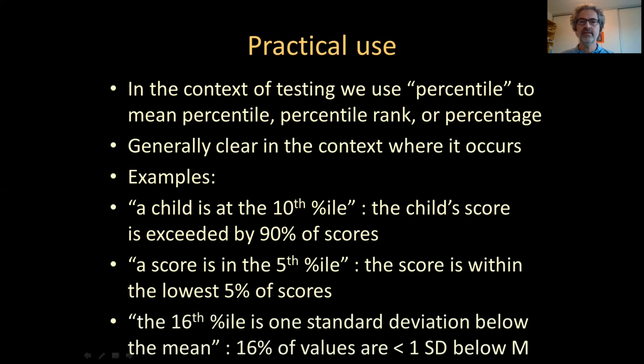Finally, we might say something like the 16th percentile is 1 standard deviation below the mean. This is actually proper usage. It means that 16% of values are less than 1 standard deviation below the mean. So all of these uses of the word percentile, which are slightly different, are related to the same concept, to the idea of the proportion of the data that are associated with a given value.